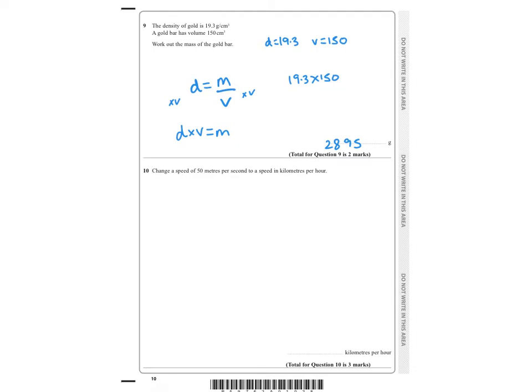Right, question number 10. Change a speed of 15 metres per second to a speed of kilometres per hour. So 50 metres per second. So if we're in metres and we want to convert to kilometres per hour, if we take this step by step, metres to kilometres, okay? If you had 1 metre and you want to know what that is as a kilometre, we're going to divide by 1,000.